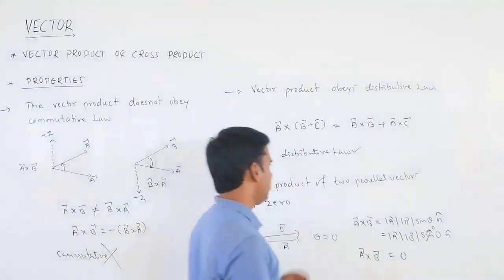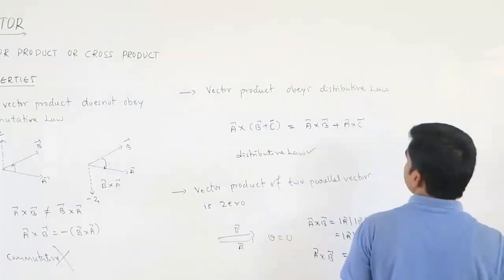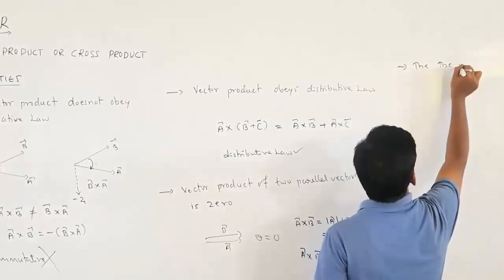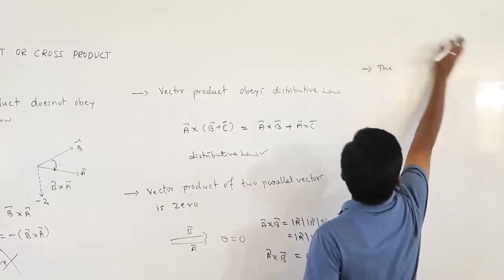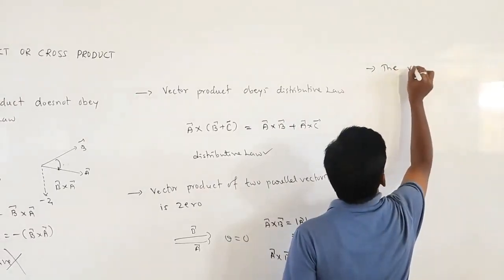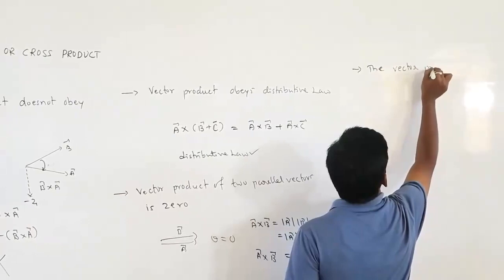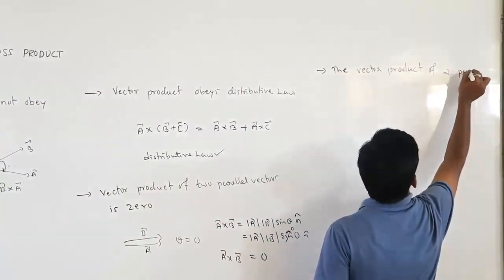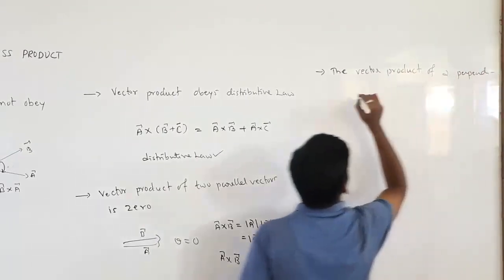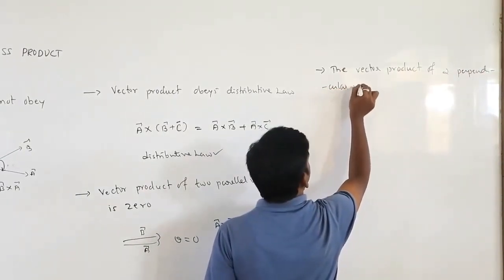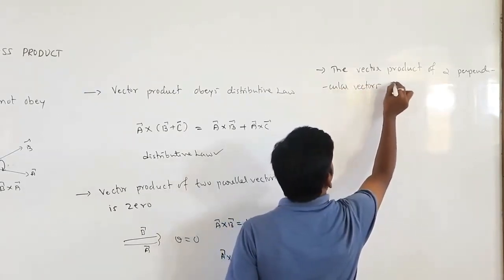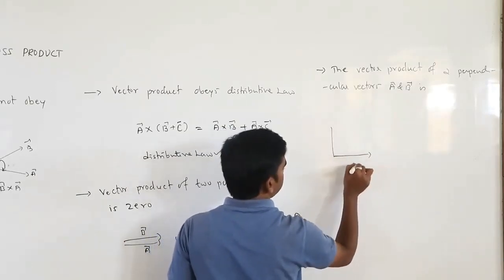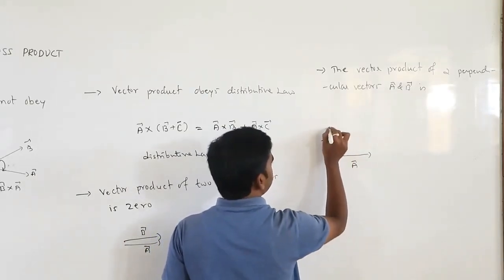So we'll go with one more. If vectors are parallel, obviously vectors may be perpendicular also. So the vector product of two perpendicular vectors A and B: vector A is going to be here, vector B is going to be here.